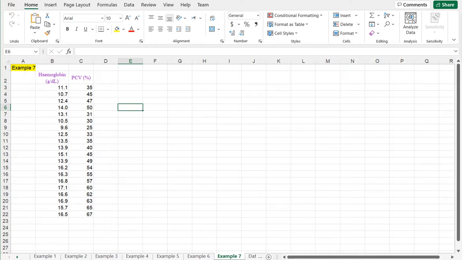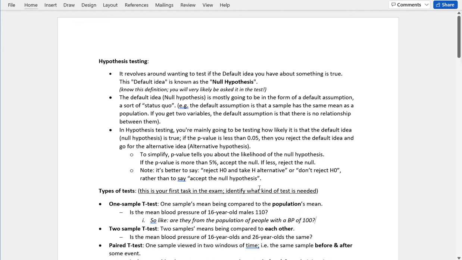The Word document is linked in the video description below. You don't need to have it now, but you should download it afterwards to revise some nice definitions and points mentioned there.